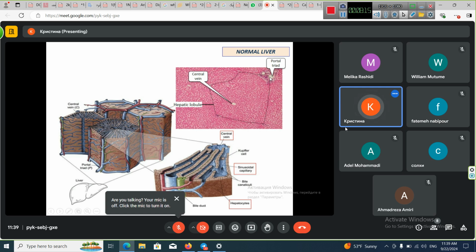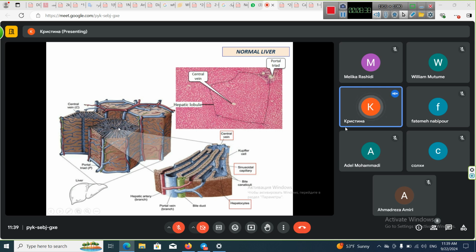The blood in liver normally flows from the triad, where we have the artery, through the lobule to the center, and is drained from the central vein. And it happens from all the sides of the lobule.